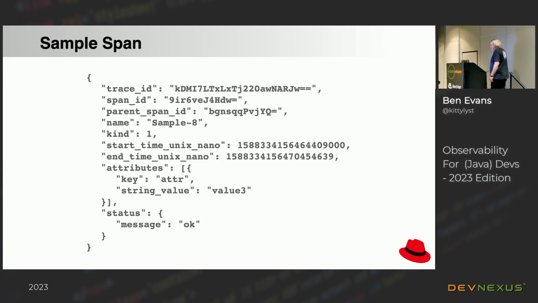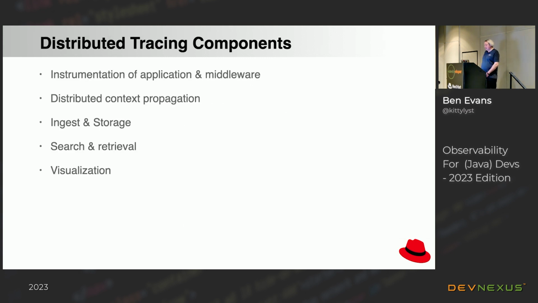Okay. So now we know how to build a distributed tracing system, but let's talk in detail about what the components actually are and what you might use for them. So there's 5 things you've got to do. You have to add some instrumentation so that either the application or the middleware knows about this. You also have to arrange for those trace IDs and span ID and parent span ID to get propagated from component to component. Now, this is implicitly all HTTP requests in the background.